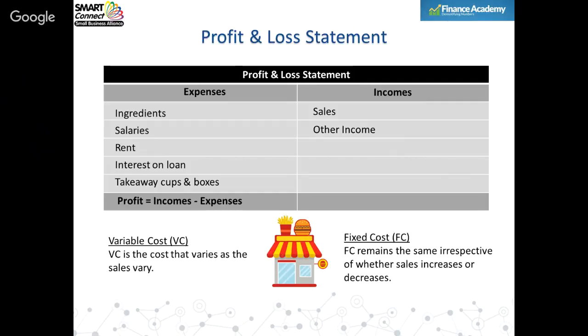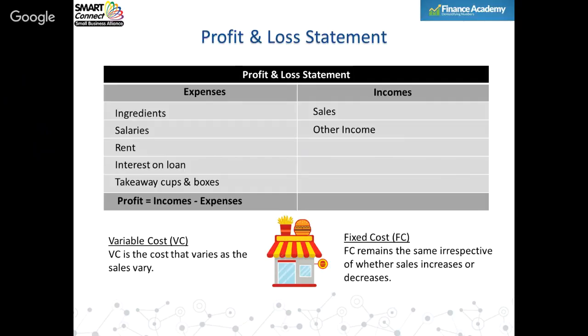Now, with a few expenses that we can see on the profit and loss statement, let us separate them and see which is variable cost and which is fixed cost. Ingredients, is it variable cost or fixed cost? Please type in VC or FC in the chat box.